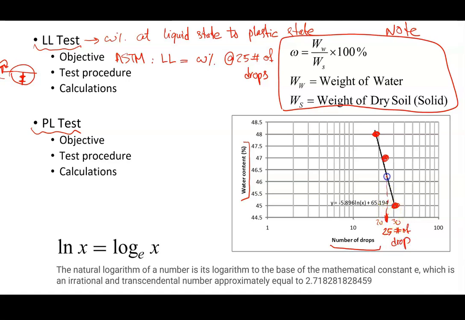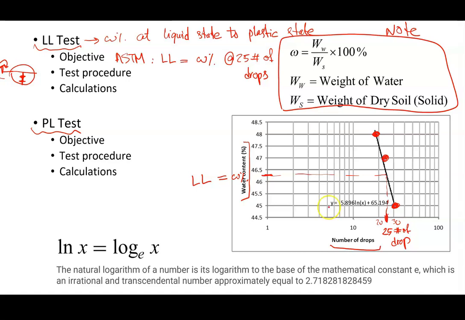You can draw a line and find water content at 25 number of drops. This is your liquid limit. Water content at 25 number of drops.